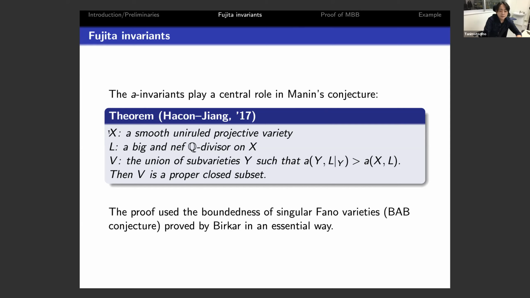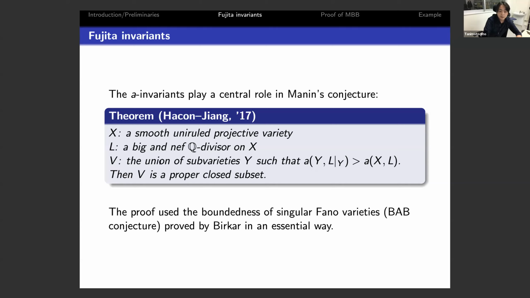Let X be a smooth uniruled projective variety, L be a big and nef Q-divisor on X, and let B be the union of subvarieties Y such that a(Y, L) is strictly greater than a(X, L). Then B is a proper closed subset. In some sense, if a subvariety Y satisfies this inequality, then the asymptotic formula for Y is bigger than that of X, so we should remove such a thing as an exceptional set.